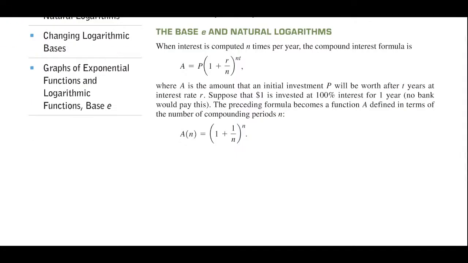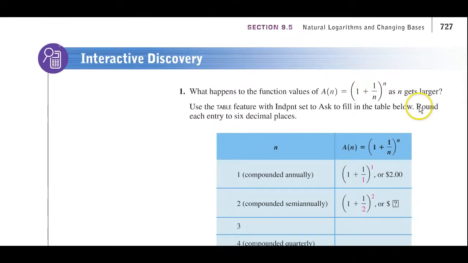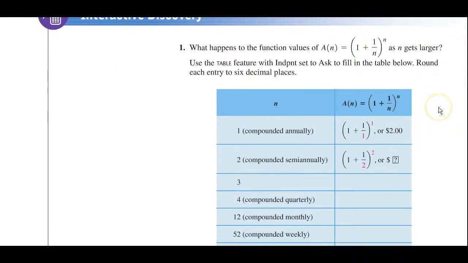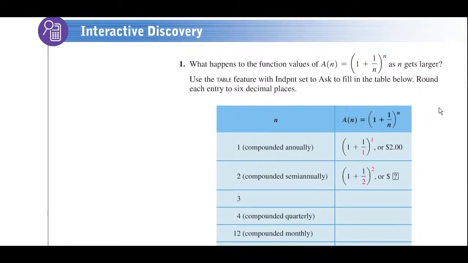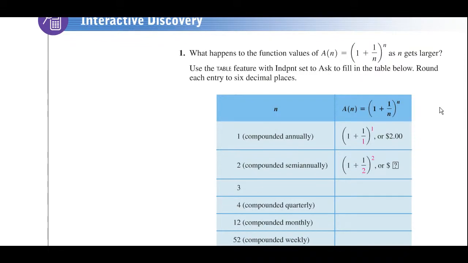It's on the next page. And they've developed a little chart for us here. And what happens to the function values of this when it's raised to that period of time it will be compounded? So as n gets larger, what happens?